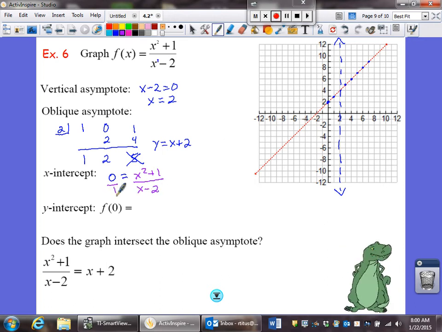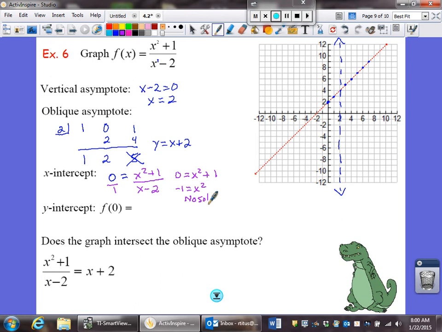And when you cross multiply, 0 times x minus 2 is 0, but x squared plus 1, subtract 1, and look at that. When you square root this, you get an imaginary answer, the square root of negative 1. That means at this answer, you have no solution, which means you have no x-intercepts. Okay, it never actually crosses the x-axis at all.